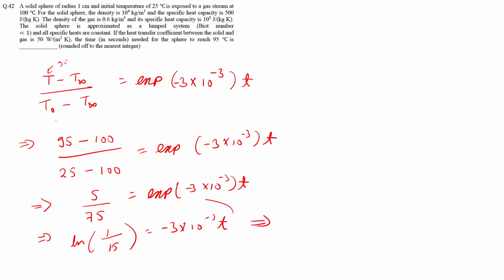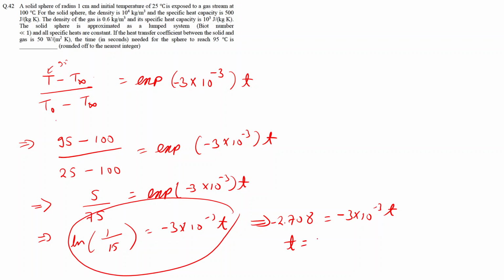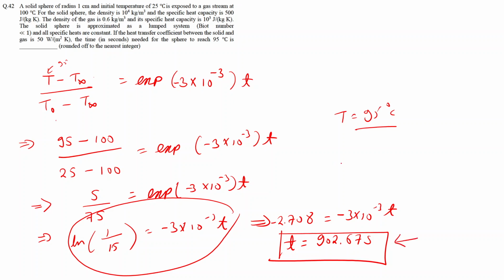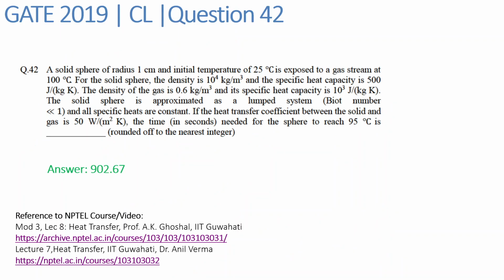So we can solve this equation and we get 2.708 is equal to minus of 3 into 10 raised to minus 3 into t, and that will give us time as 902.67 seconds. So yes, the time taken by the sphere to reach temperature of 95 degrees Celsius will be 902 seconds. So yes, the final answer is 902.67 seconds, and since we have to round up till nearest integer, we can round it as 903 seconds as the final answer.